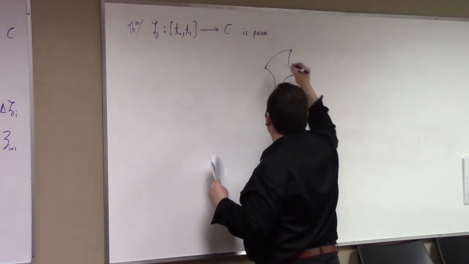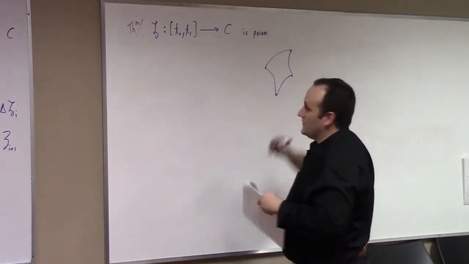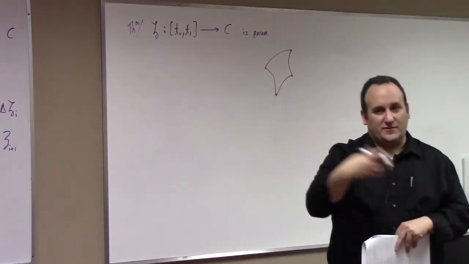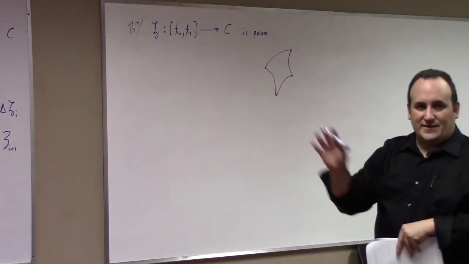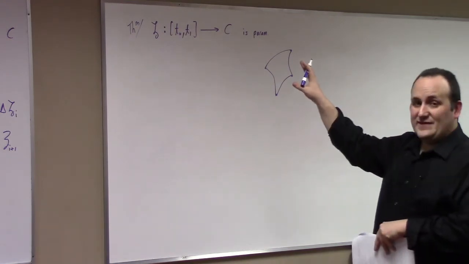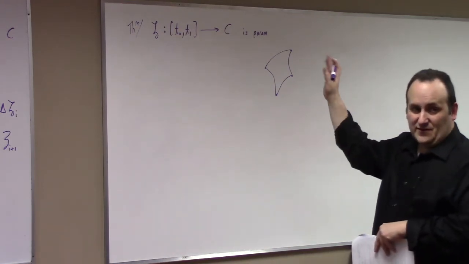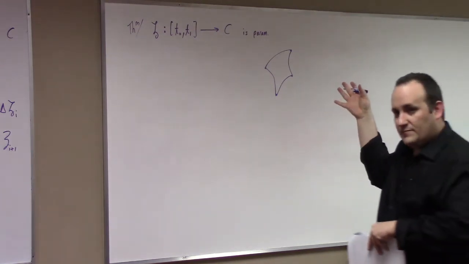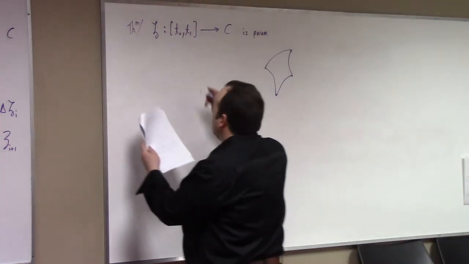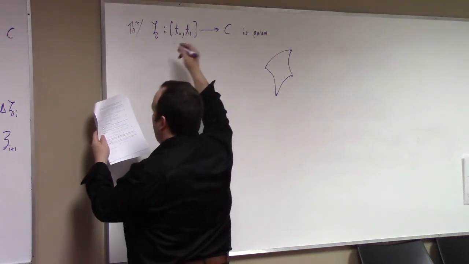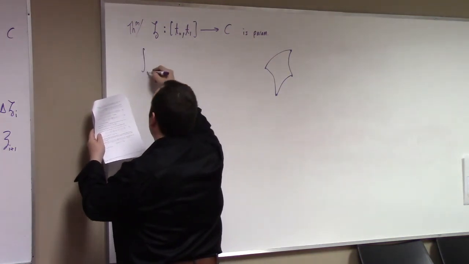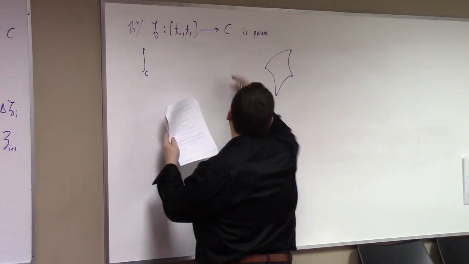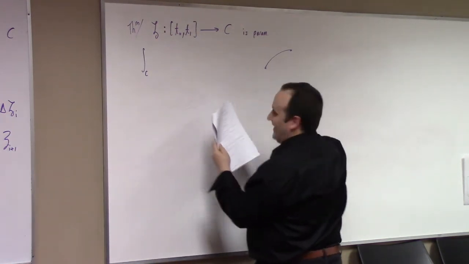So there's like 4 different smooth curves, and so there's a bit lengthier theorem where I say to integrate over something like that, you take the sum of the integrals over each piece, like I'm about to write down. You guys know this. Anyway, long story short, the C I'm thinking about is just like that, okay?